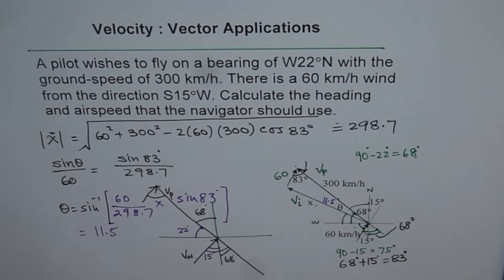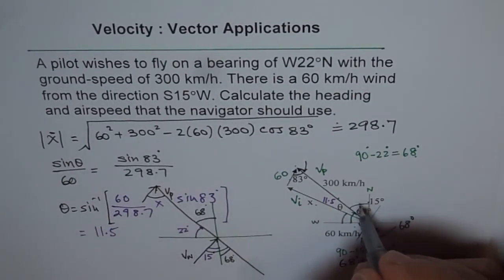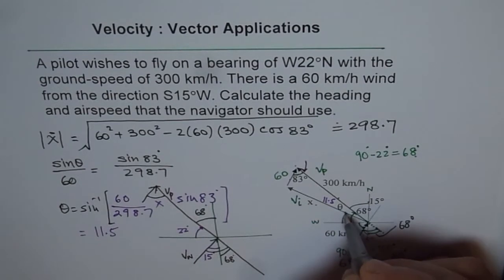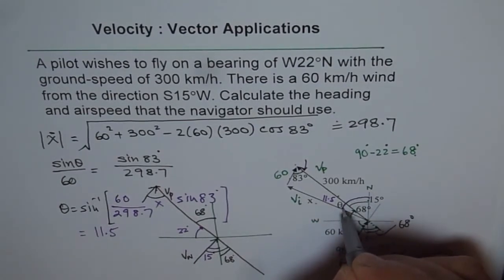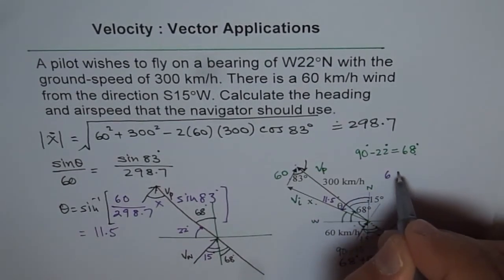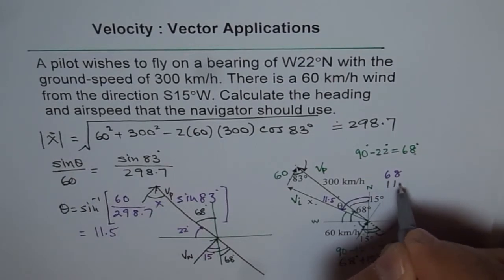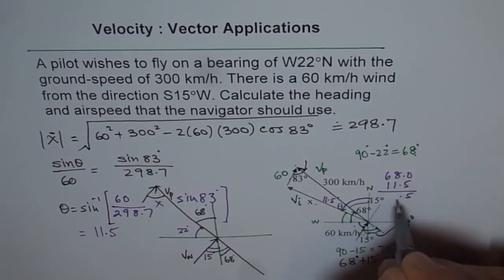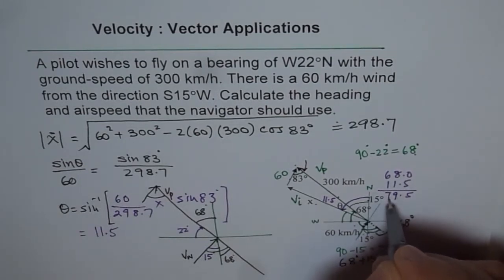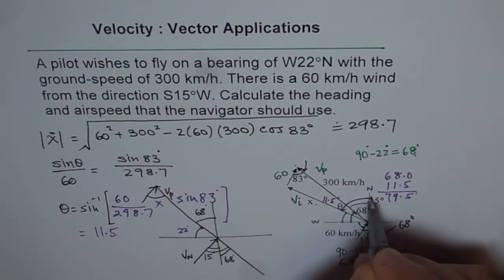So that is how you can write down your answer. So there are a couple of ways to write this answer, right? So what I will do is, I'll give it from north, and I say, well, this is 68, so the total angle from here to here is 68 plus 11.5, so we have 79.5 degrees from north, right?